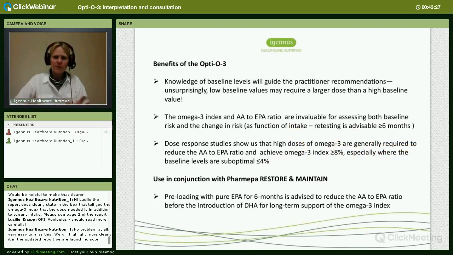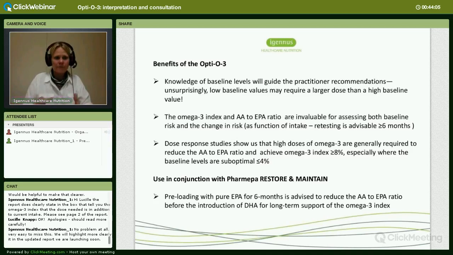And so these biomarkers are invaluable for assessing both the baseline risk, and also the change in risk. What I mean by that is the improvement as a function of intake. And what's quite nice is that when clients can actually visualize their deficiencies, it really encourages compliance to treatment interventions.